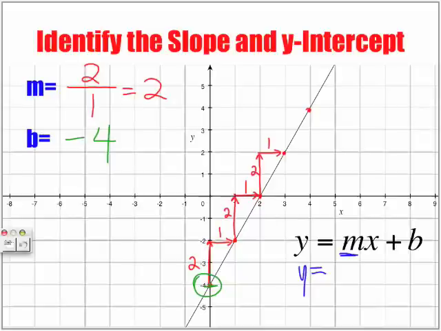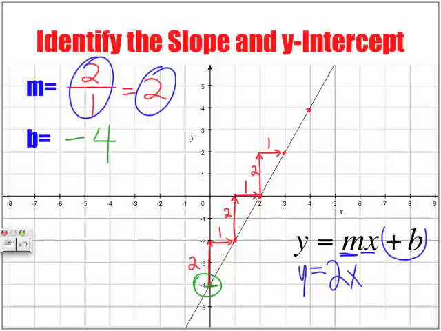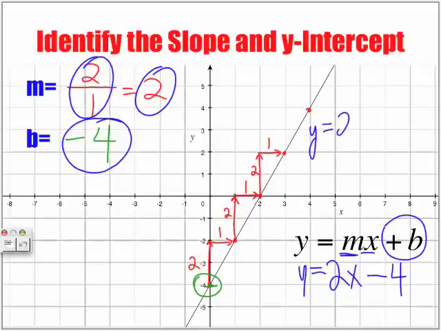Our m value, as we said, is 2 over 1 or 2. So we put down 2, but it's coupled with x. Don't forget that x, because we have an x value in every part of this line. Our b value, our plus b, is whatever our b value is, which is -4. So our equation is -4.